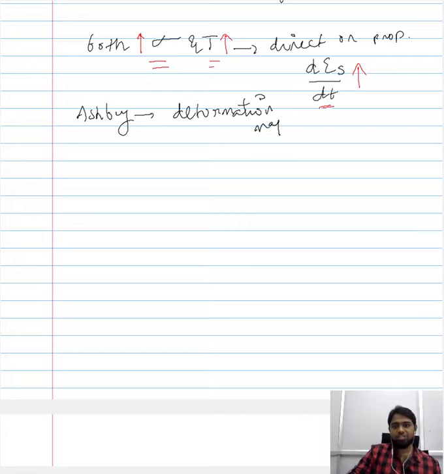So what essentially Ashby's deformation map does is, it represents which creep mechanism is active during a particular combination of stress and temperature. So our understanding is, for a given combination of stress and temperature, there should be one creep mechanism that is active, and based on that the creep rate should vary.